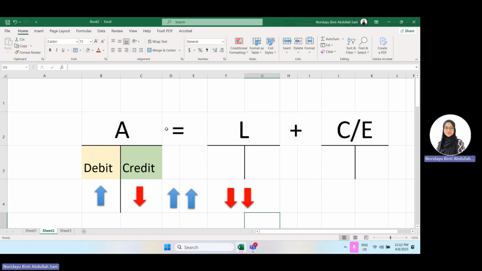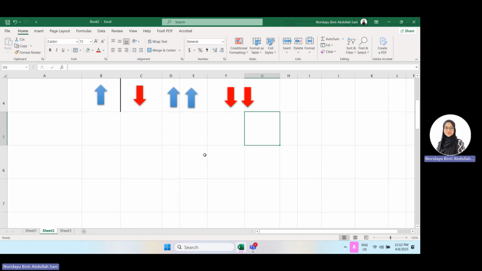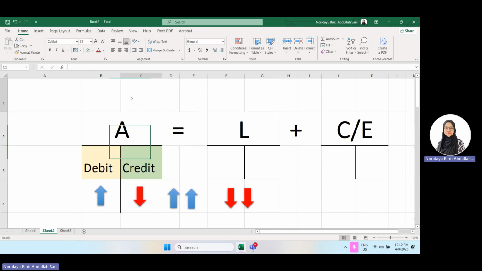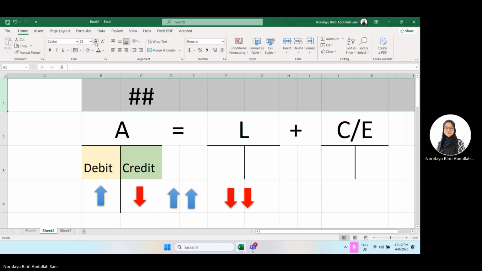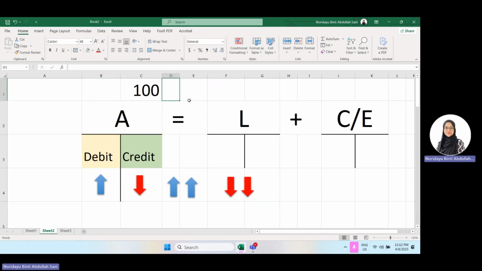So as you can see, we have this equivalent sign here, this symbol, right? So your asset always equals your liability plus your capital. This is an equation. So let's say on my side of asset, I have 100.